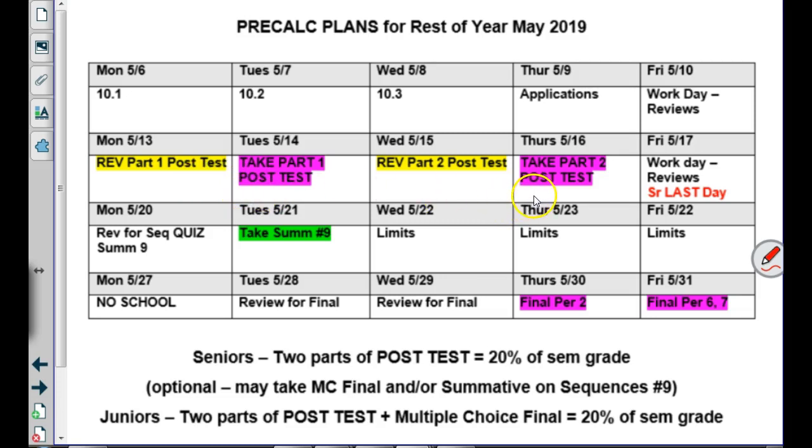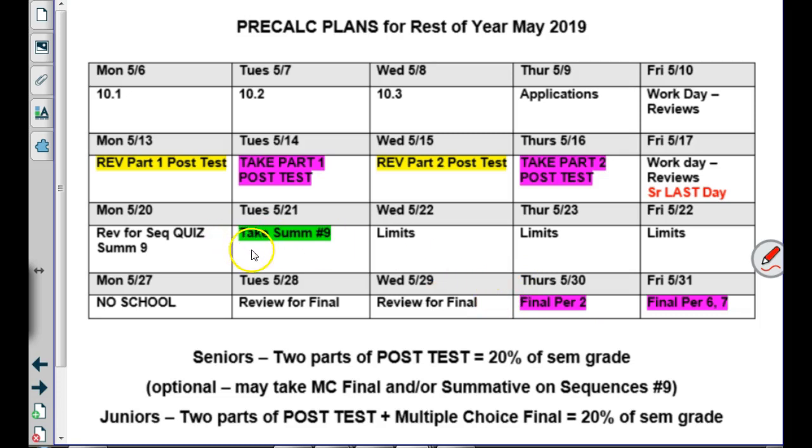Okay. And if you're a senior, that will determine 20% of your grade. If you're not a senior, then you have an additional part of the final to take on the final exam day that will, with those two things, determine 20% of your grade.